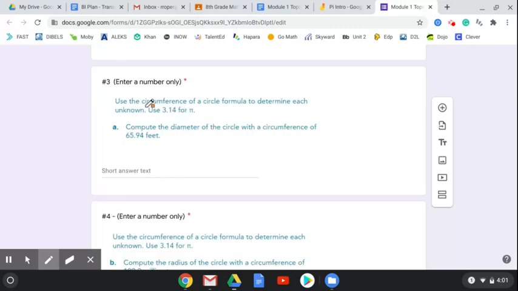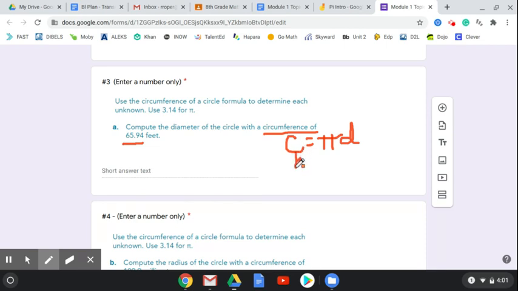Number 3 says use the circumference of a circle formula to determine each unknown. So I'm going to use 3.14 for pi. It says compute the diameter of the circle with a circumference of 65.94. Okay, so let's write down the circumference formula. C equals pi times diameter, and let's plug in what we know. We know the circumference, right? The circumference is 65.94.